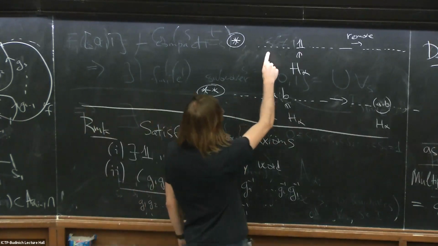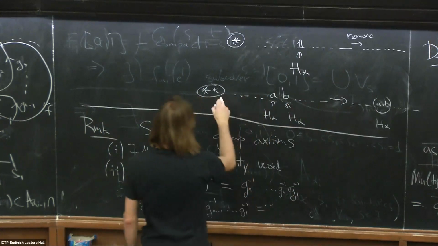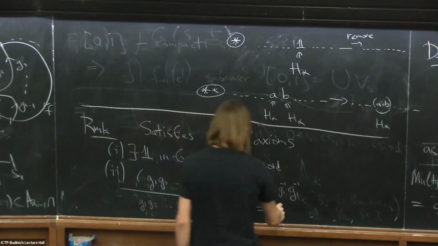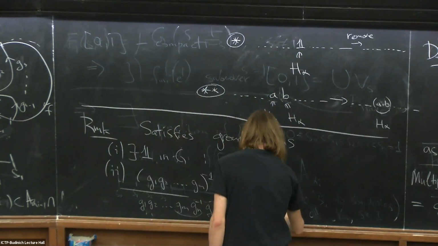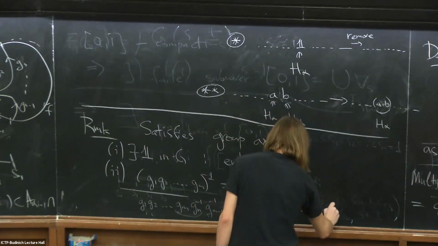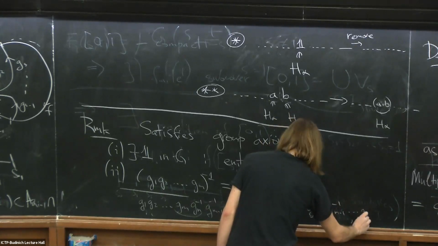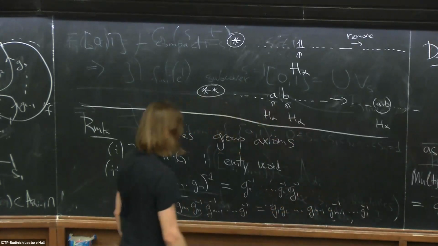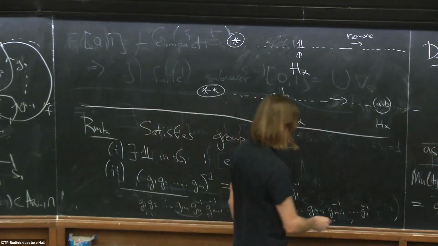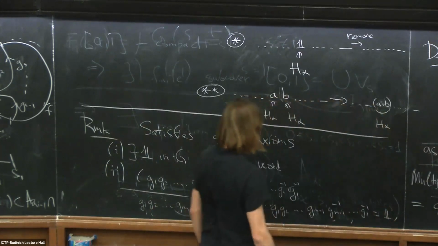Then I apply the rule star to just remove it. So application of first this rule and this rule gives me G1, G2, and so on, Gm-1, Gm-1 inverse, and so on, G1 inverse. Then I do it again and again, and I finally arrive at an empty word, the identity in our G.